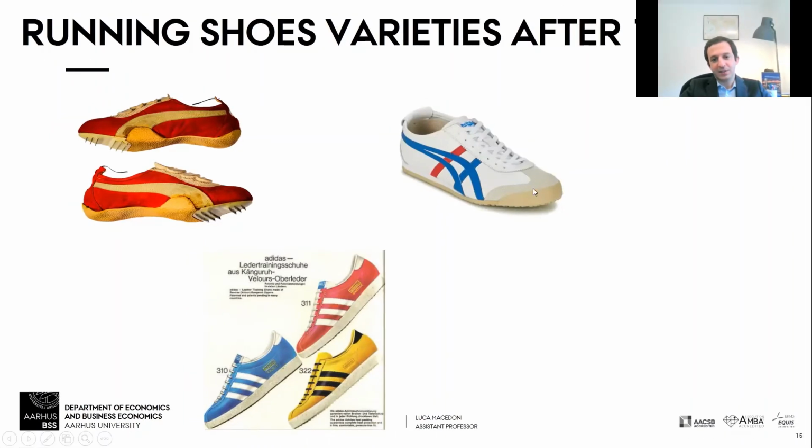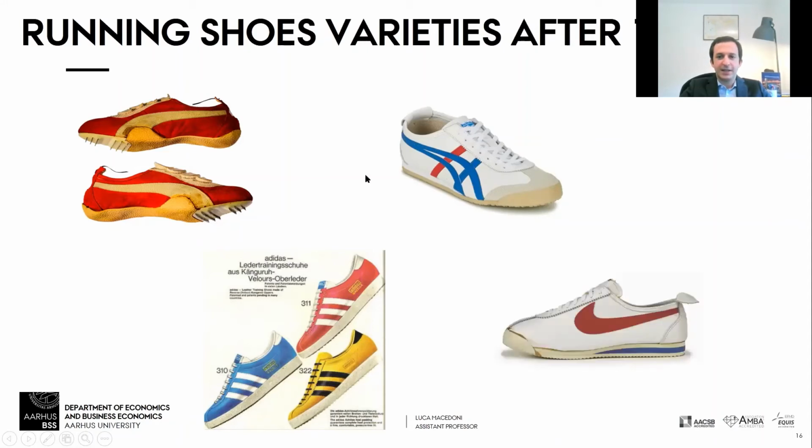These shoes, I don't think I've ever seen them in Danish stores, but they sell them in Italy, and they were used in the US back then for wrestling. And then in '71, Nike started. They started because they were pretty convinced that Onitsuka was going to drop them as their importer and distributor in the US. So they created this new brand, and now we have 4 varieties of shoes.